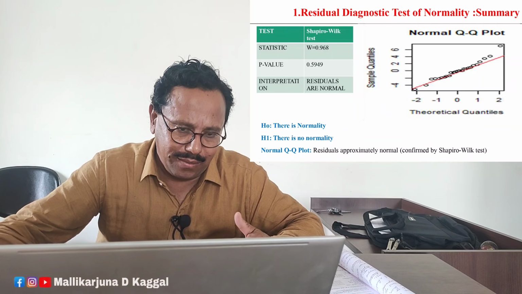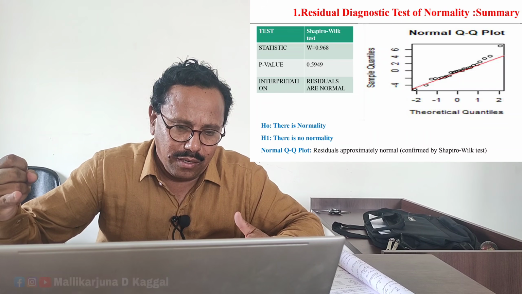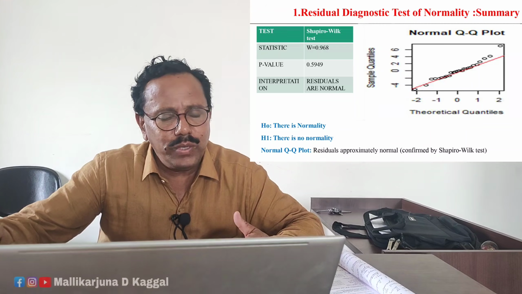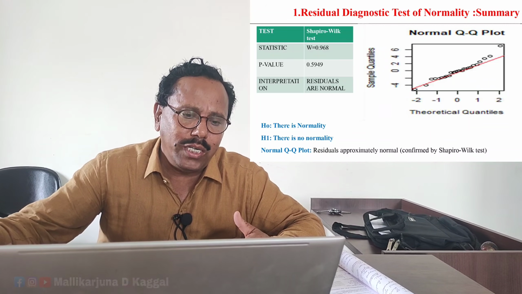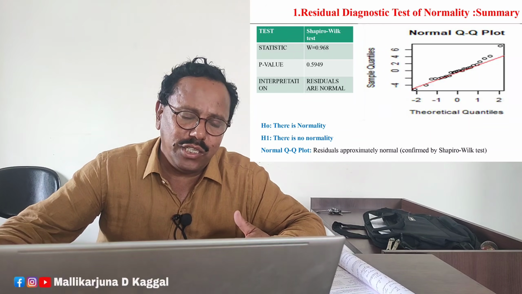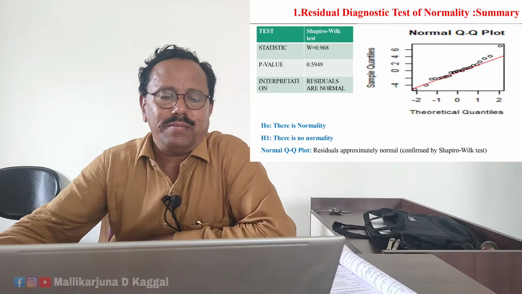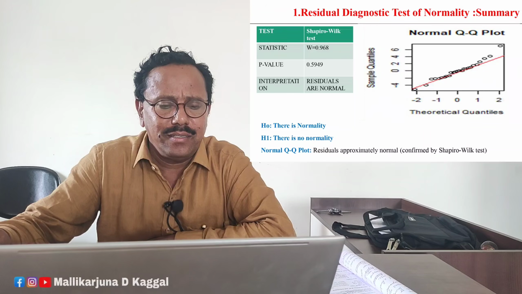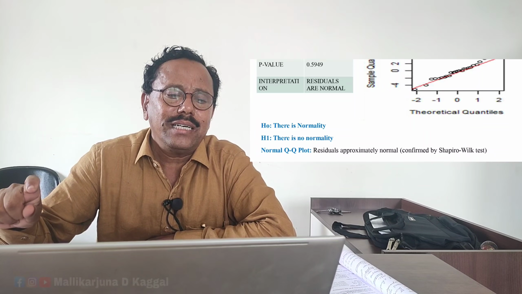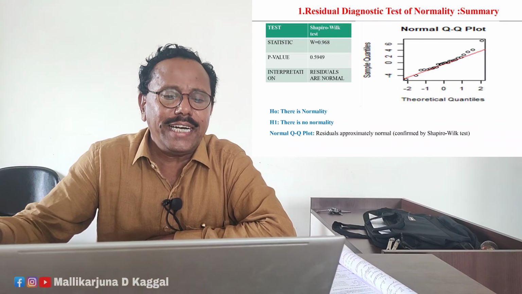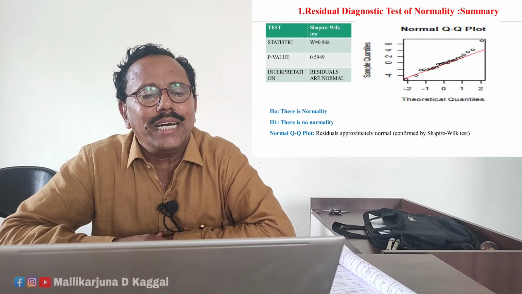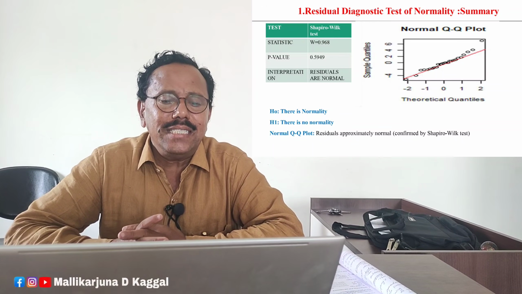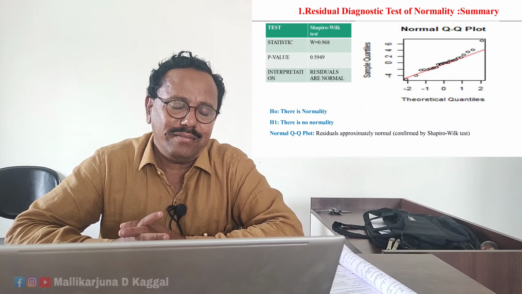One is single tail or two tail. Next is the significance level, at what level of significance you are testing. Again, the degrees of freedom. All these three things should be seen simultaneously in order to know your critical value. That critical value must be compared with your calculated value. Then you can decide whether the null hypothesis is accepted or rejected.